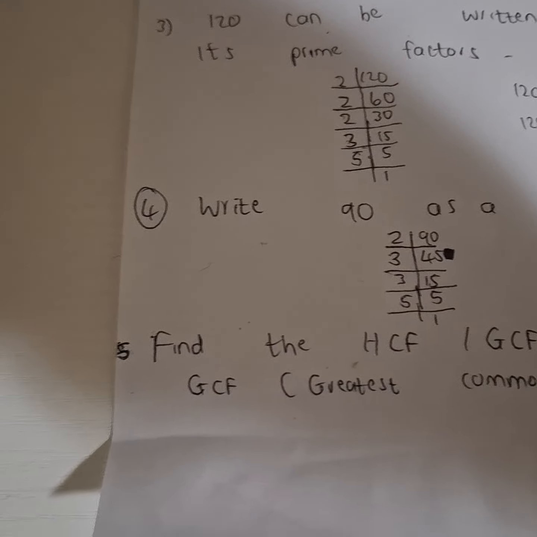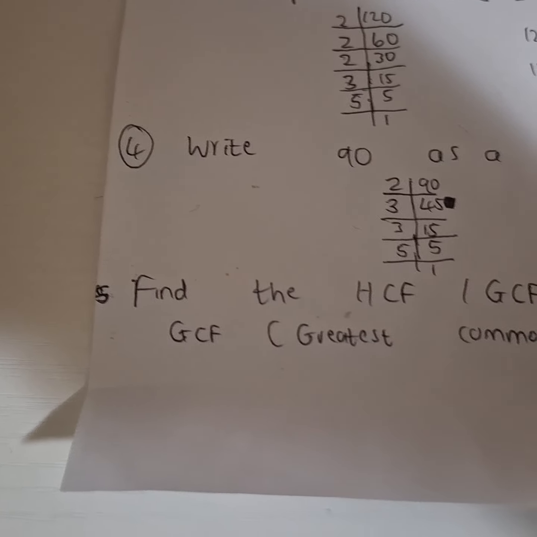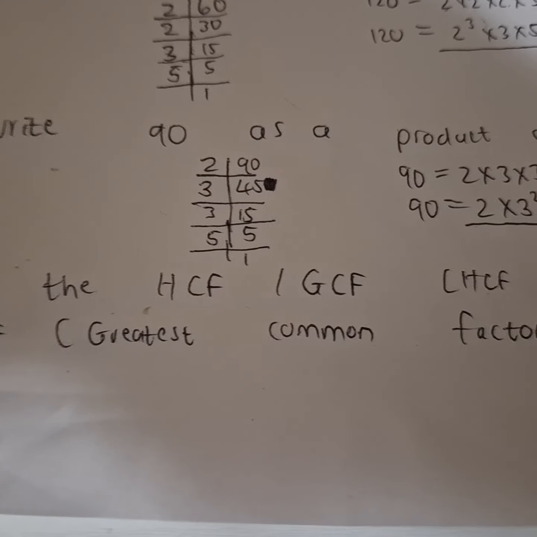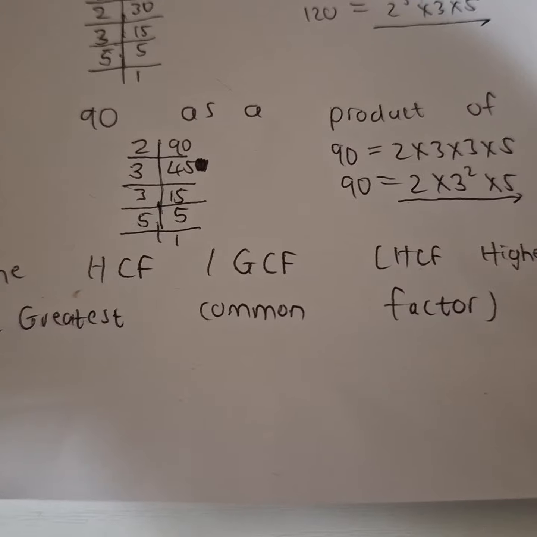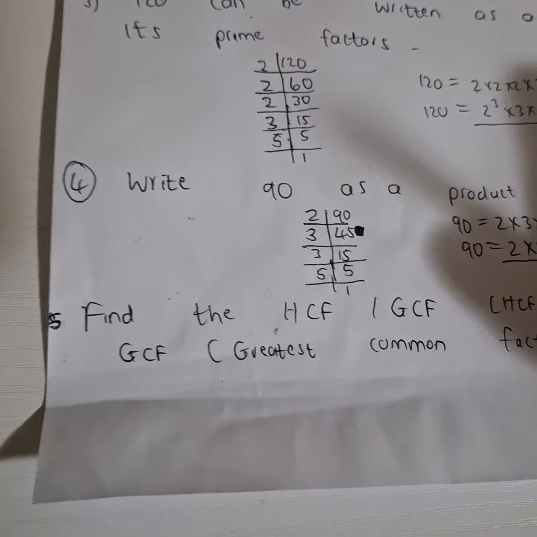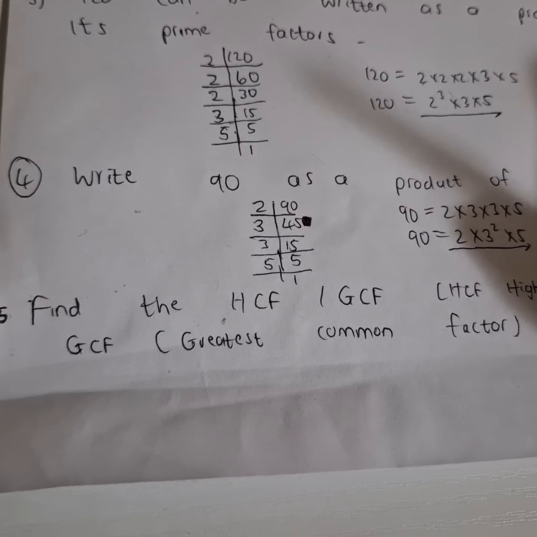The next, last and final question that we're going to look at for now is finding the highest common factor, or as they say, GCF, which is the greatest common factor, which means the same thing, of 90 and 120.